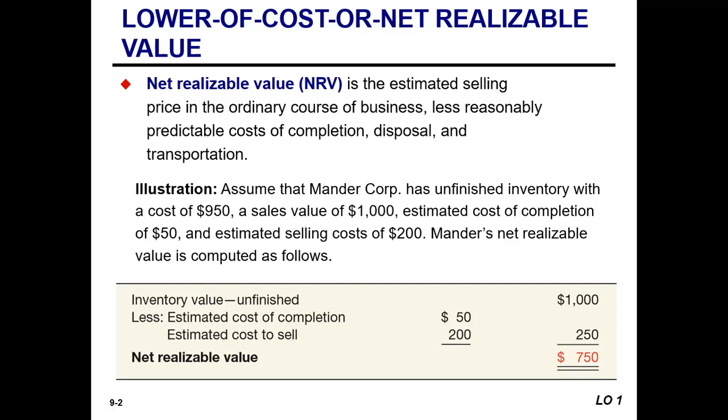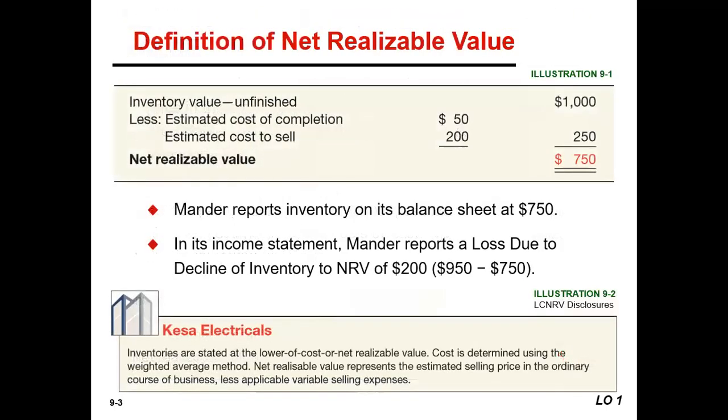That $200 is essentially the loss on the inventory, or the decrease in value on the inventory. And just like it shows here, using the lower of cost or net realizable value, LCNRV is the acronym used for that, we would report a loss due to decline in inventory of $200.